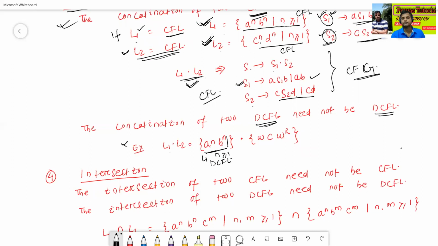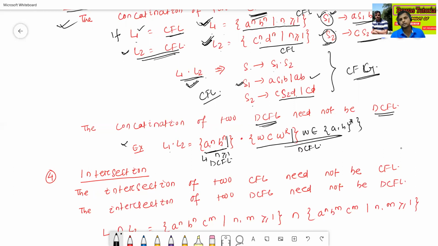Let this be L1. And L2 is w c w reverse such that w belongs to (a+b) star. This language is also DCFL.